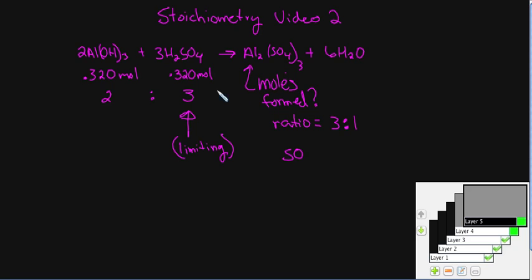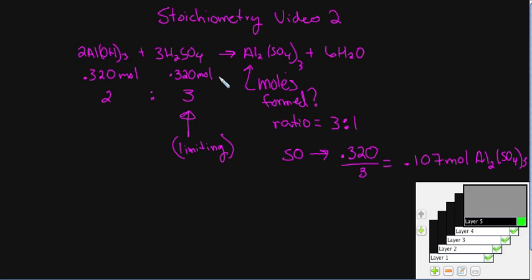It's a 3 to 1 ratio. So let's go ahead and figure that out. Divide 0.320 moles by 3, and we end up with 0.107 moles. And so that's the answer for that one: how many moles of this formed? 0.107 moles. And that should make sense, because 0.107 is exactly 3 times smaller than this, which matches up to the ratio.